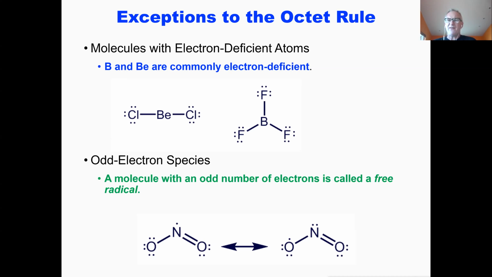And when you have an odd number, that means that one of the atoms is going to have basically a single electron or an odd number of electrons. And we call that a radical or a free radical. We call it a free radical because basically these things run free, trying to pair up that electron as much as they possibly can.